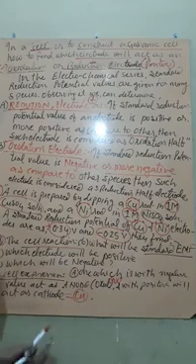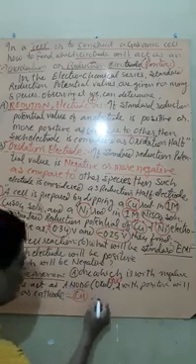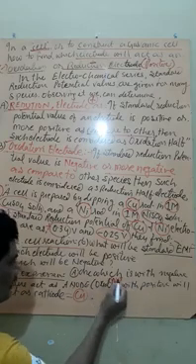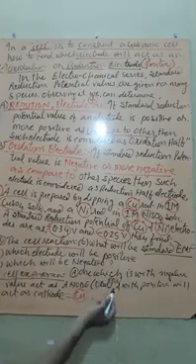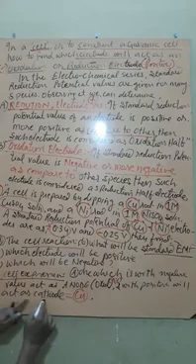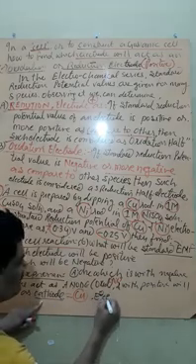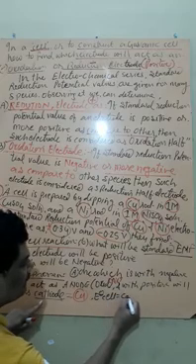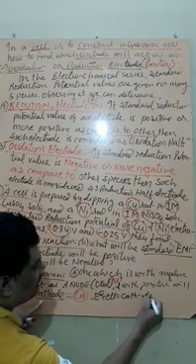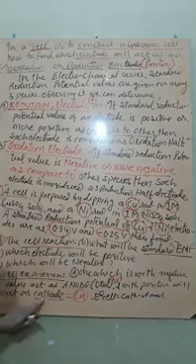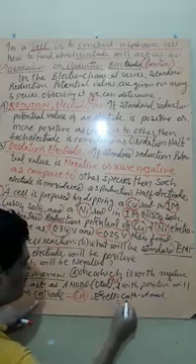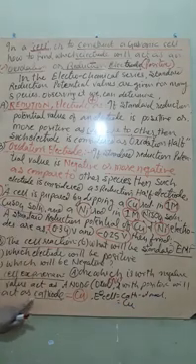So now what will be the cell reaction? Copper acts as cathode. So E standard cell is equal to cathode minus anode. What is the cathode here? Copper.